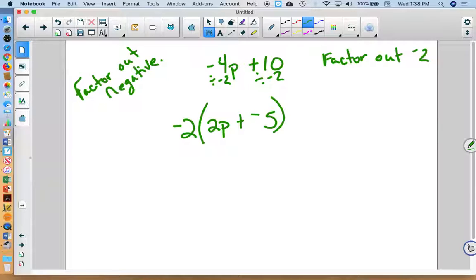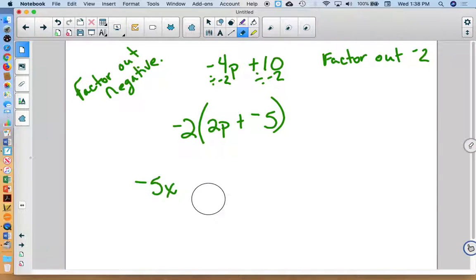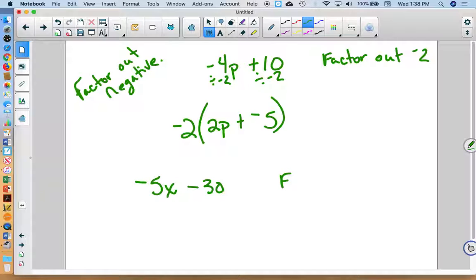What if I say negative 5x minus 30? And again, we're going to factor out negative 5.